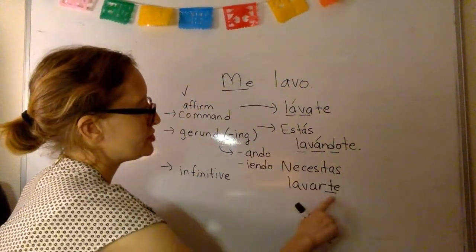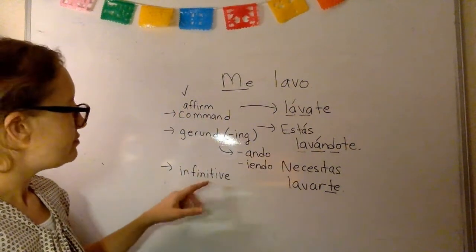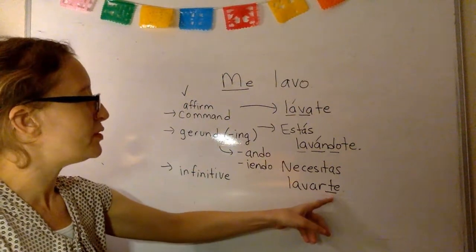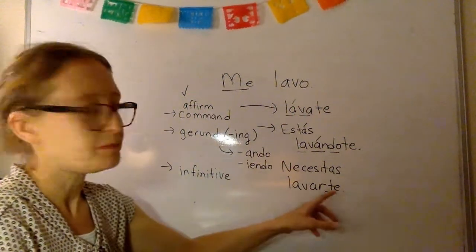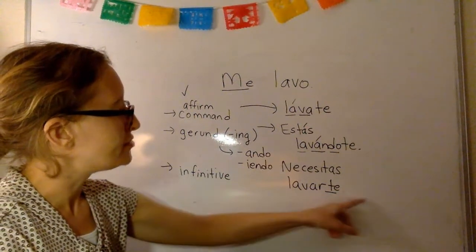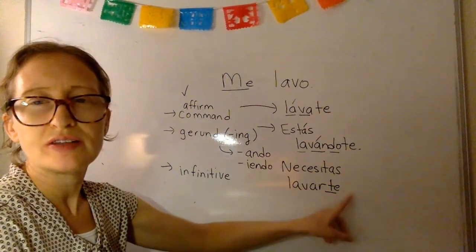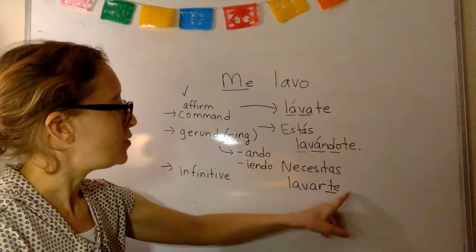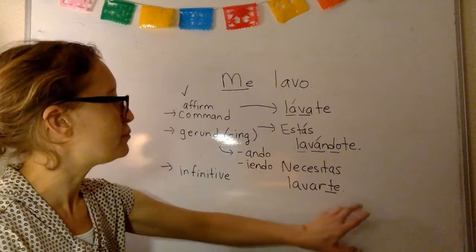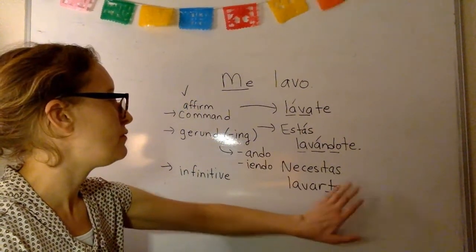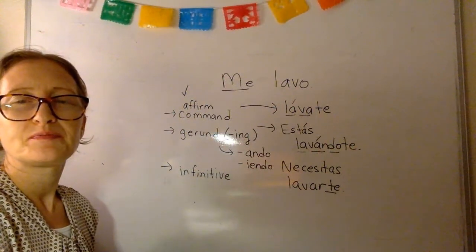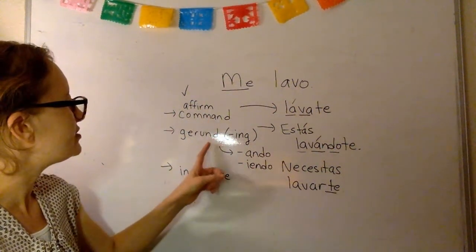And with the infinitive, if you're only adding the pronoun and nothing else, like you could have a direct object here, or possibly something else that I'm not thinking of. But if you're only adding this, then you don't need to add an accent. It's only with the affirmative commands and the gerunds.